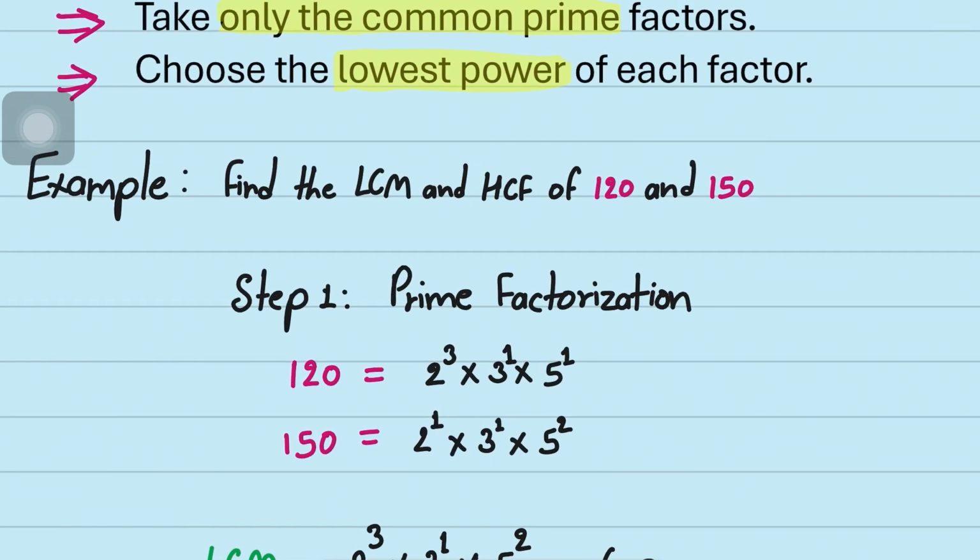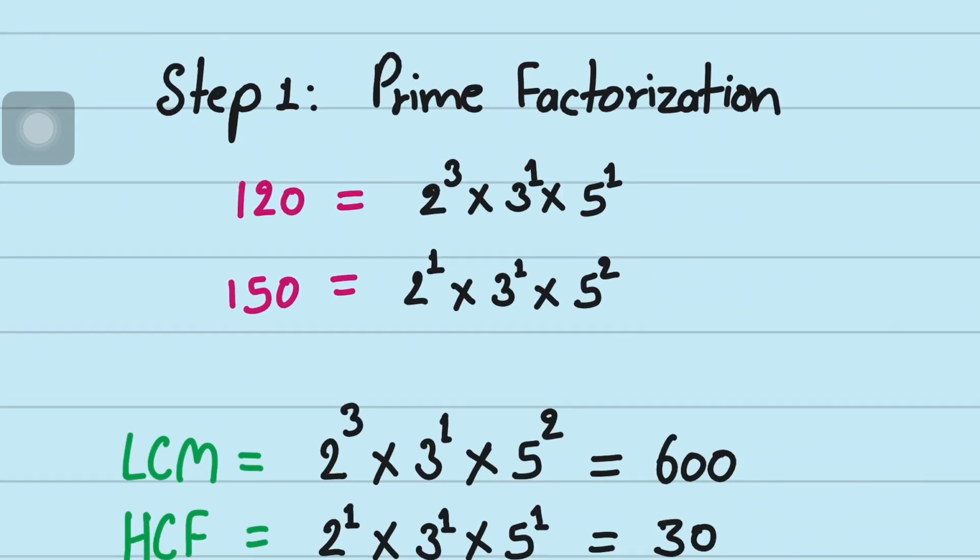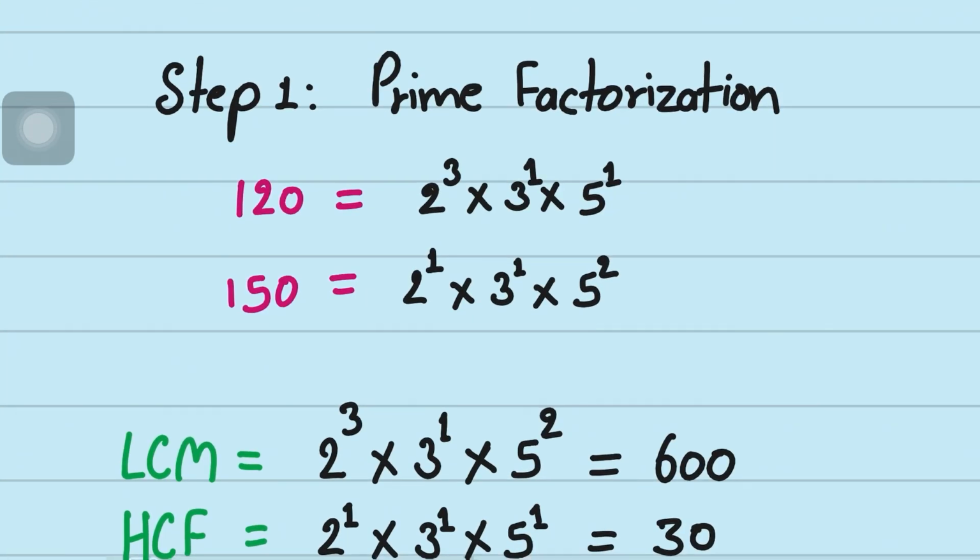So let's see how many prime factors there are in both numbers. We find 2, 3, and 5 in 120, and in 150 there's also 2, 3, and 5. So the prime factors are the same in both numbers.